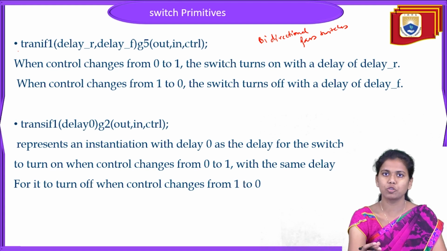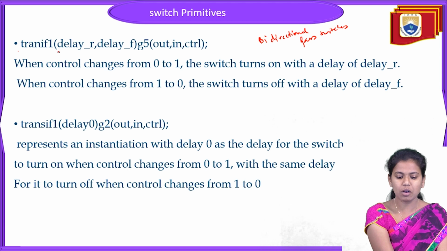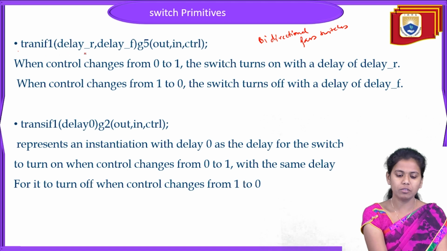With respect to the switches, no signal strength is to be mentioned. As it is a switch, we only write the delays. So TRANIF 1, as it is a bidirectional pass switch, has 2 delays, R and F, with respect to the rise and fall.